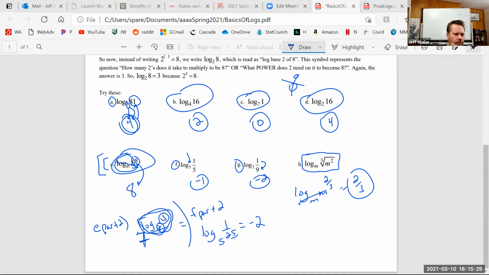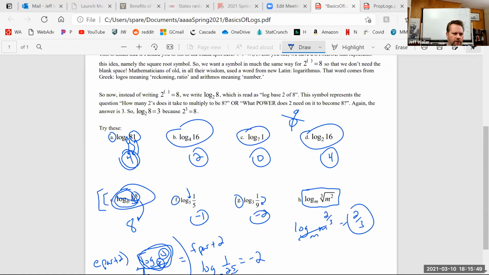Does this jive with what you've been told before? Does this sound familiar? Did this help at all if you hated logarithms before? You're like, not yet, Jeff, keep trying. Yes? Okay. You don't have to say yes just to butter me up, right? Don't do that. You can tell me if it's not good.